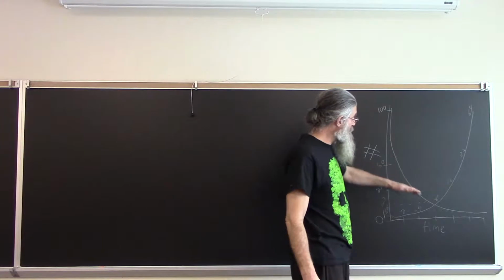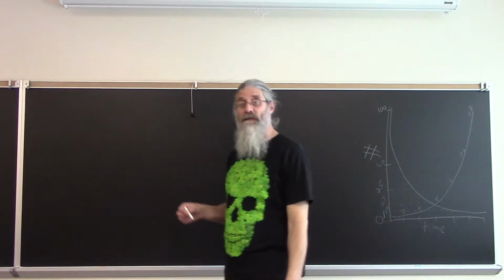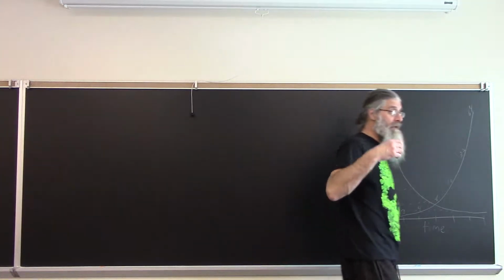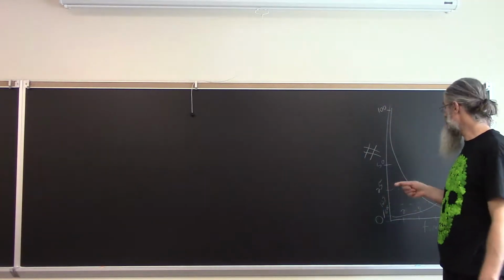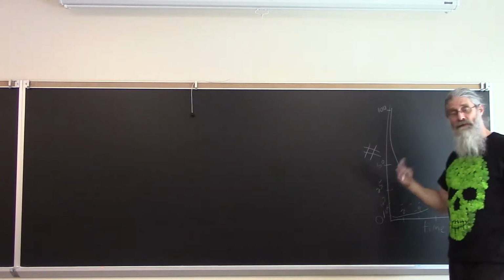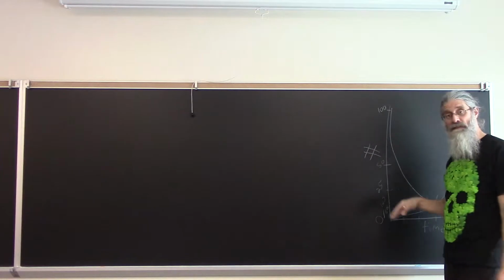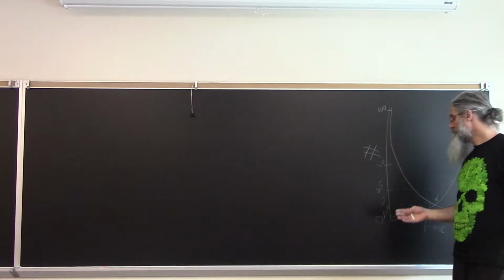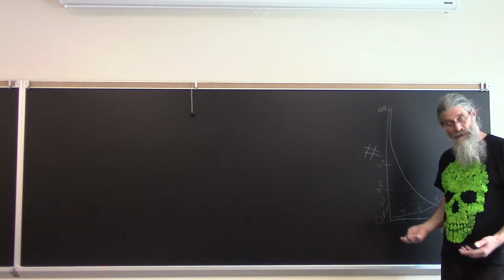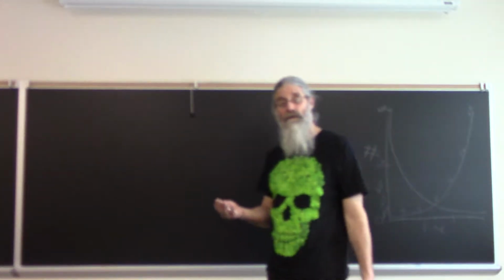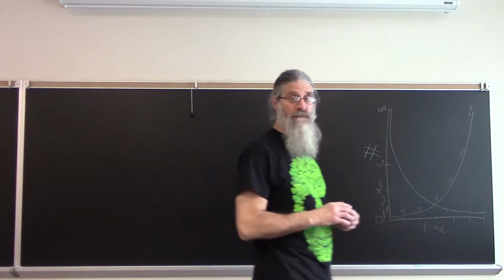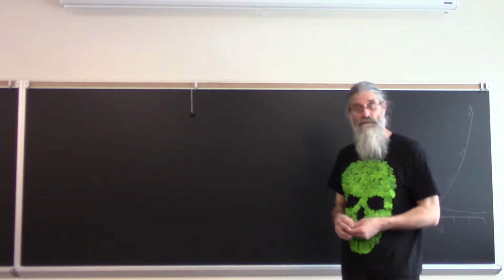Per unit time, you have a decrease in absolute terms that is decreasing as the number of individuals present are decreasing. So each unit time, in this case, we're decreasing by 1/2, but the absolute decrease becomes smaller and smaller as the number of individuals present becomes smaller and smaller.